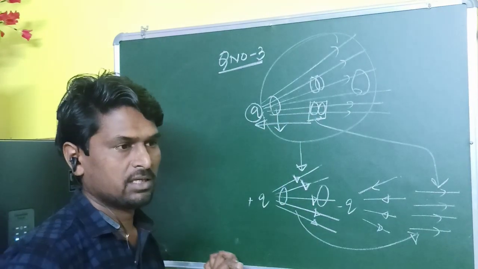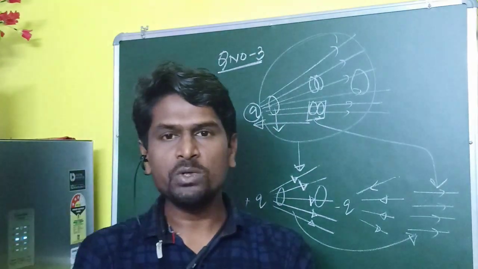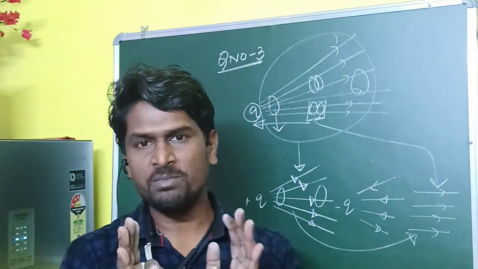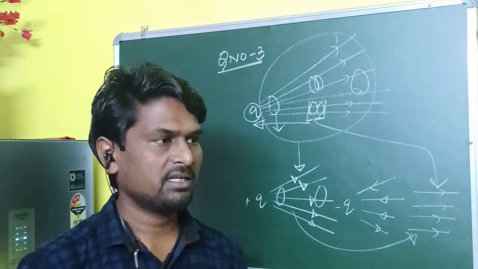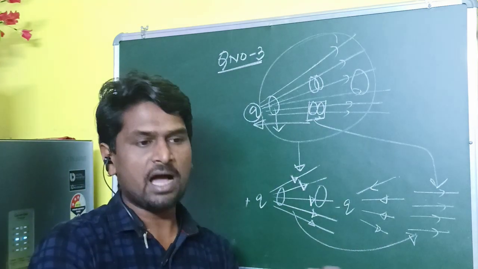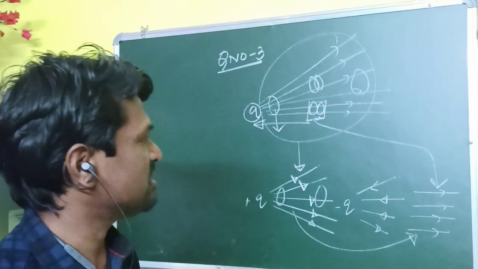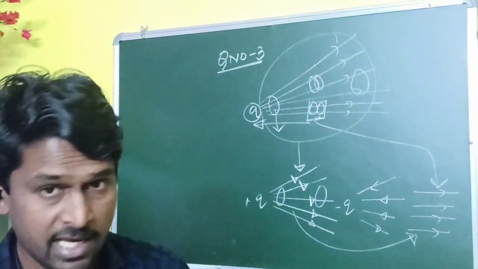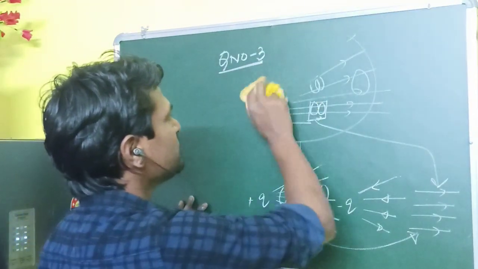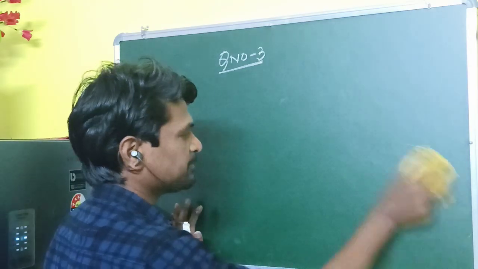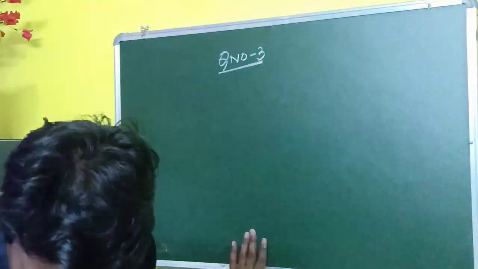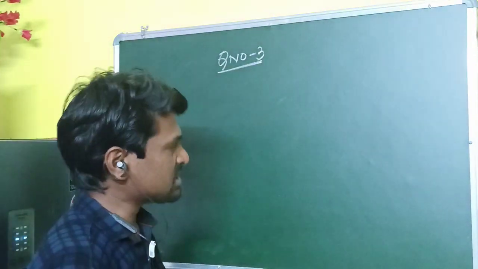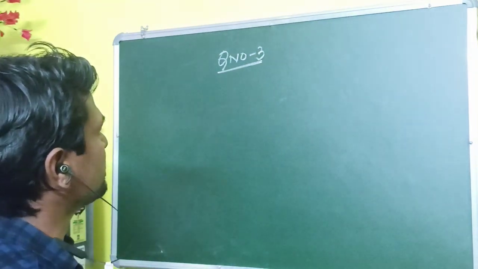There is no charge within a particular uniform electric field, and the charge exists somewhere outside that region. With the help of Gauss's theorem, we can easily show that particular character.